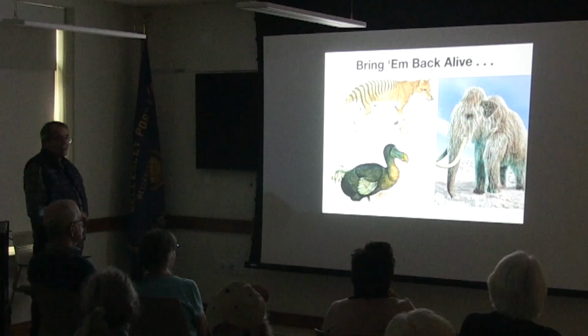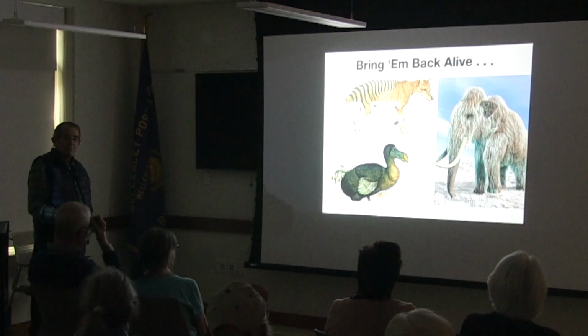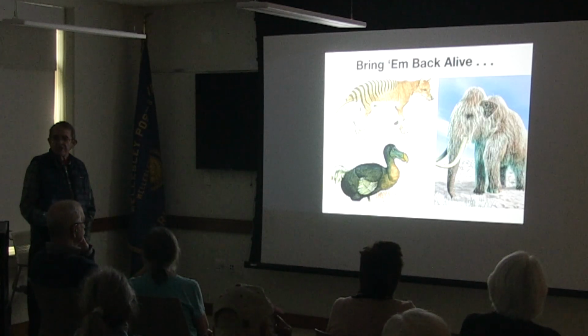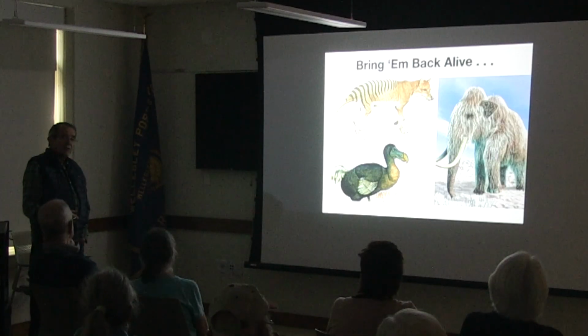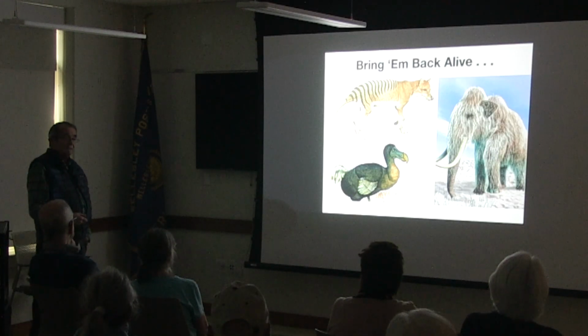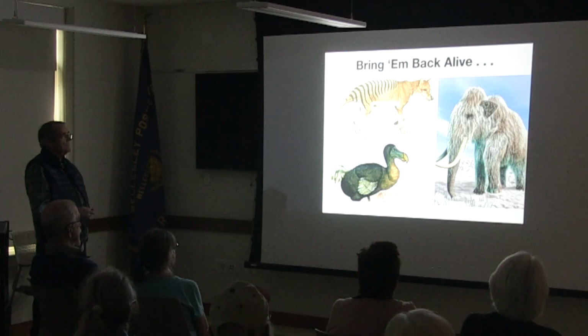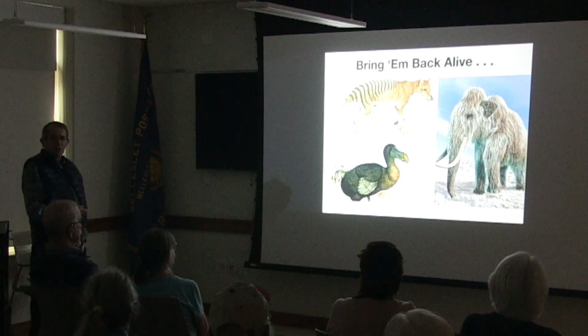These are just some of the animals that we think about. Maybe we bring them back. Dodos, there are enough specimens in museums from which you can extract DNA, okay? Enough that maybe you'll be able to do this. The Tasmanian tiger, I don't know why it's called a tiger, it's a dog, basically.